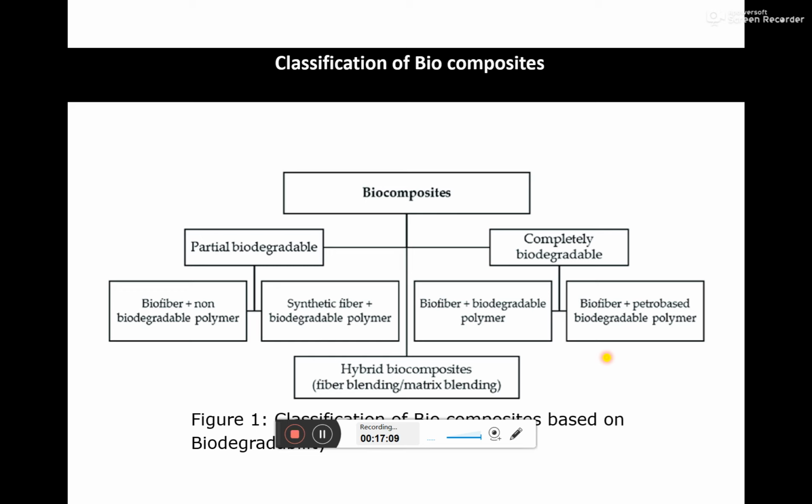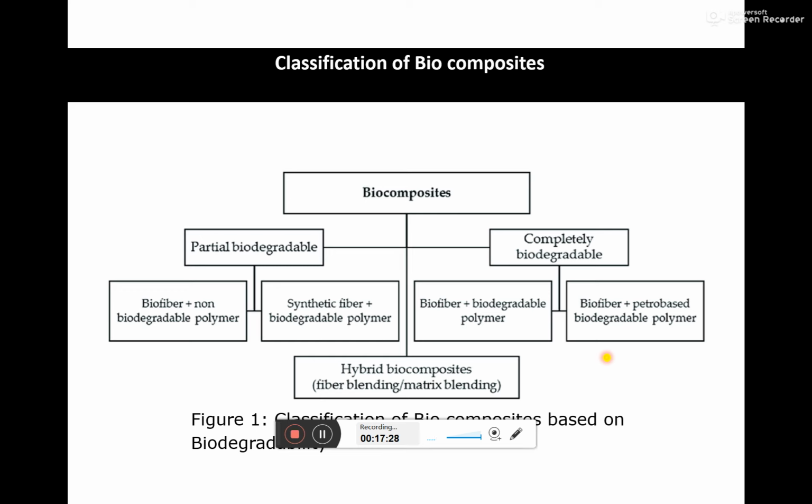That's how these composite materials are classified based on their biodegradability.